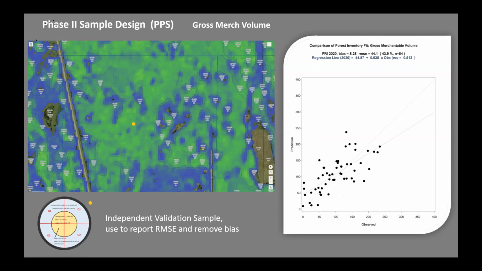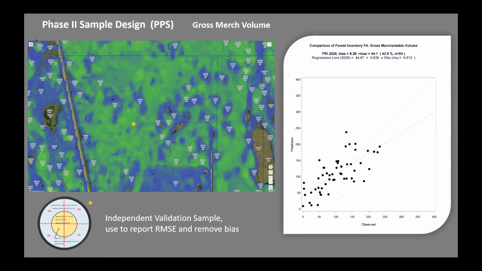So think of that as a combined measure of accuracy and precision for our enhanced forest inventory for hardwood basal area, hardwood volume, softwood basal area, softwood volume at each pixel. And then we can assess whether or not there's any bias to our prediction. And so that's shown, an example here shown on the right, where I've got a scatter plot showing the EFI predicted gross volume versus the field plot observed gross volume on this independent phase two volume set.